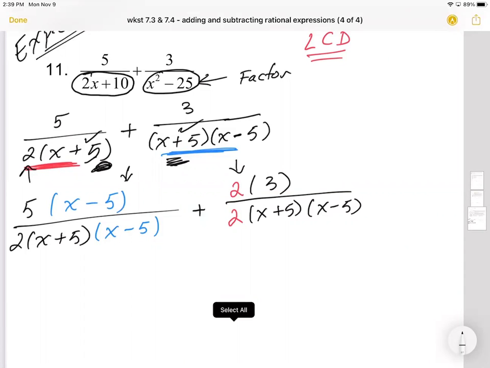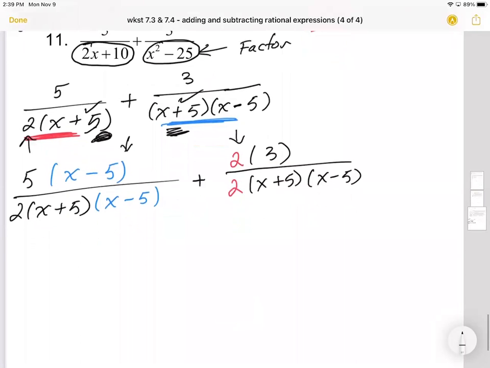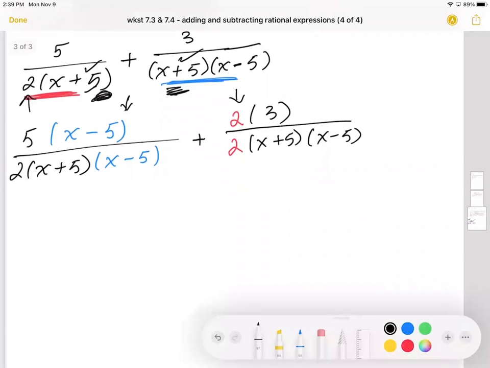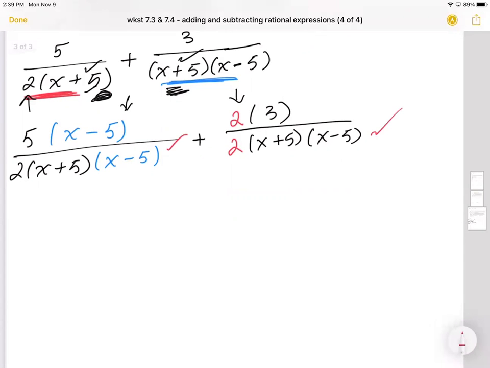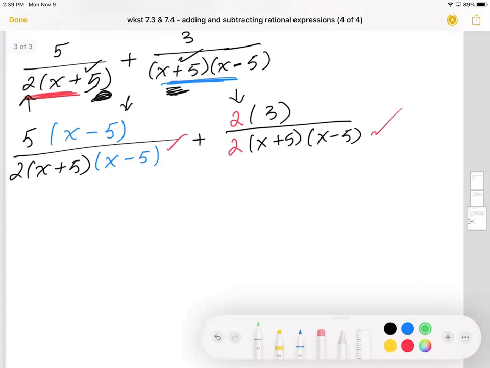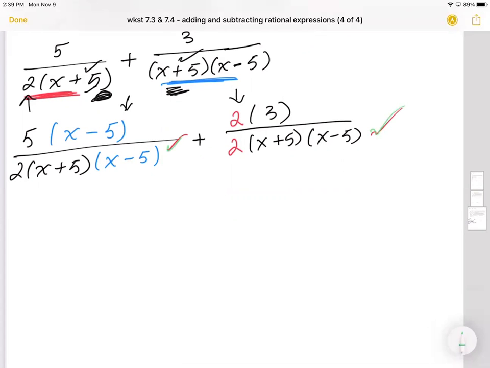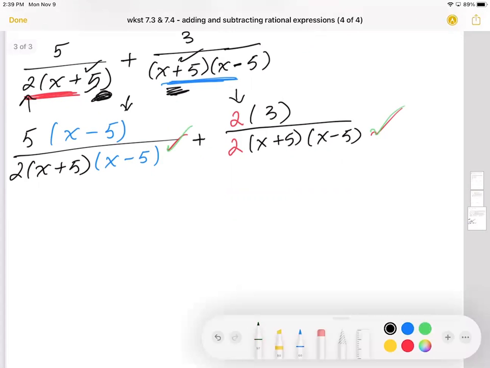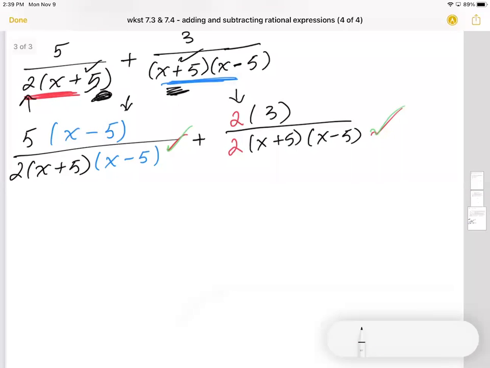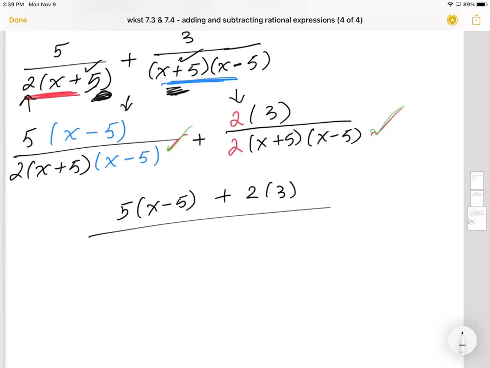So why do we do this? Because remember, to add or to subtract, your denominator has got to be the same. And if they are the same, all we need to do is combine the top, which in this case is 5 times x minus 5 plus 2 times 3, all over the kept denominator, which is 2 times x plus 5 times x minus 5.